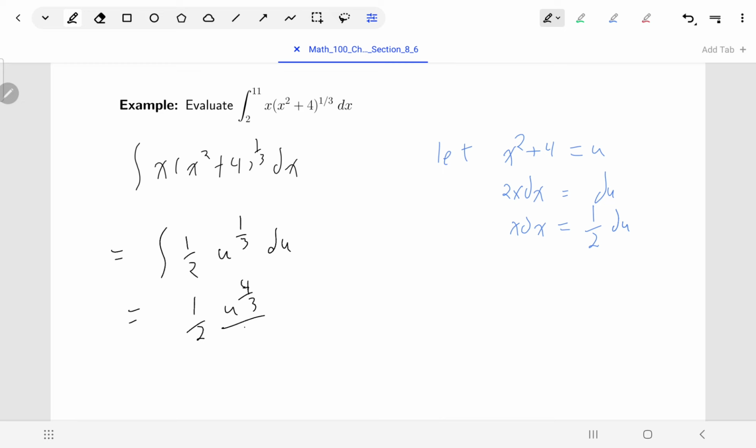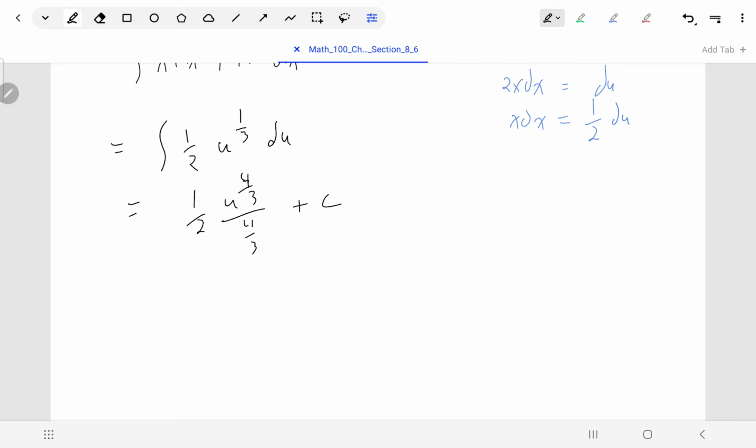Adding 1 to the power, dividing by the power, and I get 3/8 u to the 4/3, or 3/8 (x squared plus 4) to the 4/3, and that's, of course, plus constant c.